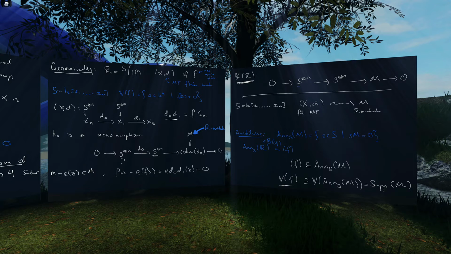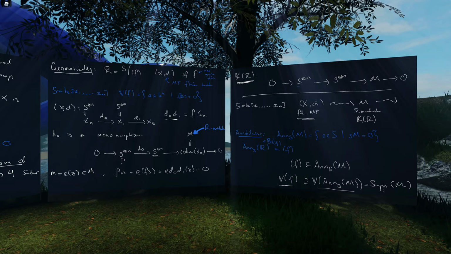Okay, and if we assume, say, K is Noetherian, so for example, if K is the complex numbers or the real numbers, then this will be the vanishing set of finitely many polynomials. So in summary, what we've done is we've gone from a finite dimensional matrix factorization of F to an R module in this category of R modules KR.